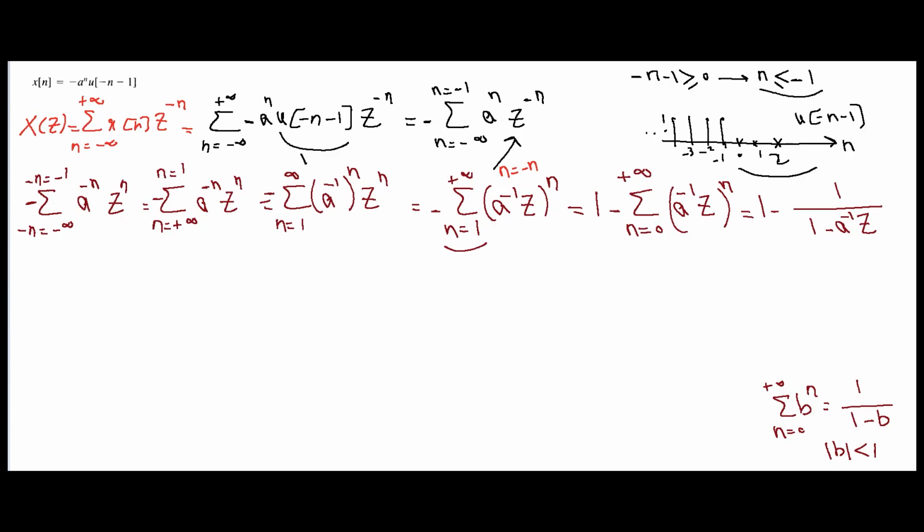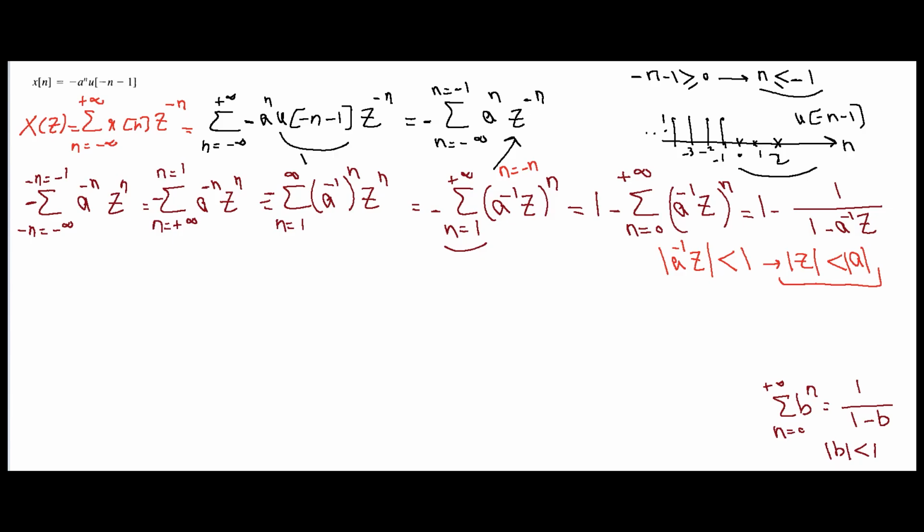Now the summation starts from 0 and we can directly apply the geometric series formula. The convergence condition is that the magnitude of a to the power minus 1 times z must be less than 1. This is equivalent to saying the magnitude of z must be less than the magnitude of a.